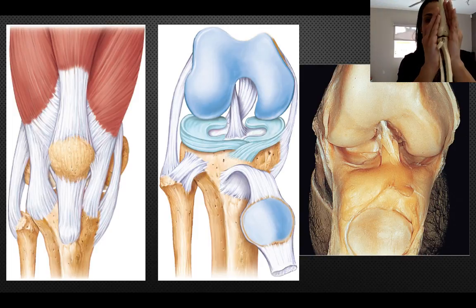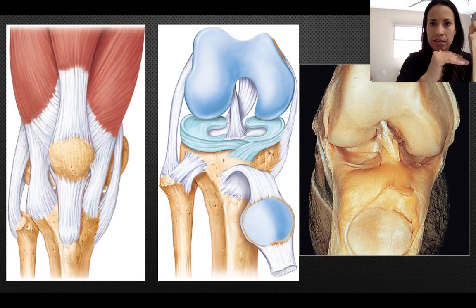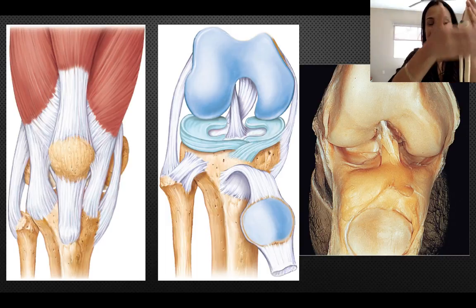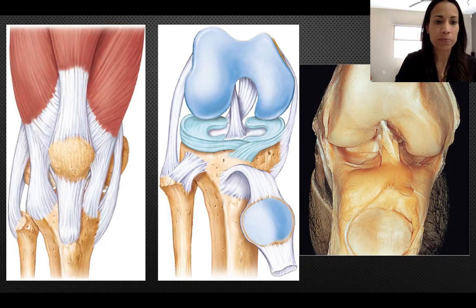It has the same two layers, the outer fibrous layer and the inner synovial membrane. The anterior aspect of the joint is not protected by the capsule, but by the patellar ligament and two more ligaments called the patellar retinacula, the lateral and the medial.